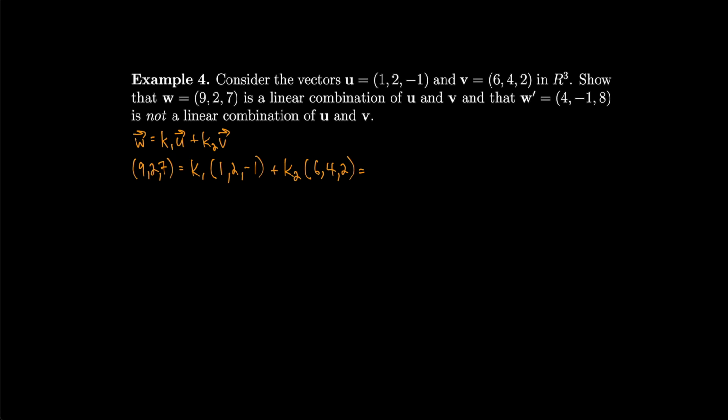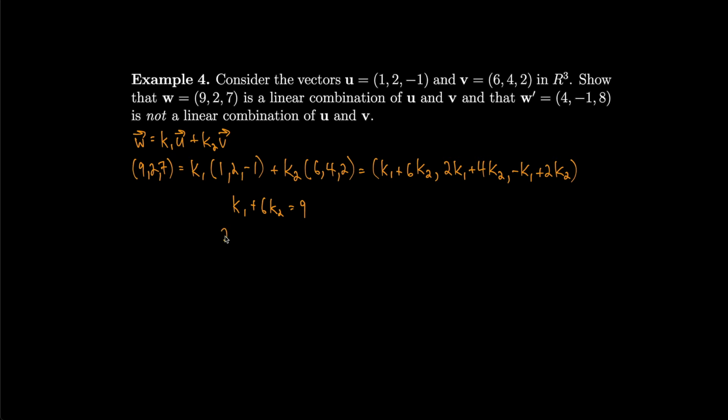So distributing the K1 and K2, we get K1 plus 6K2 for the first component, then 2K1 plus 4K2, and then minus K1 plus 2K2 for the last component. So this gives us K1 plus 6K2 is equal to 9. And two more equations similarly, so I'll write those out. K1 plus 6K2 equals 9.